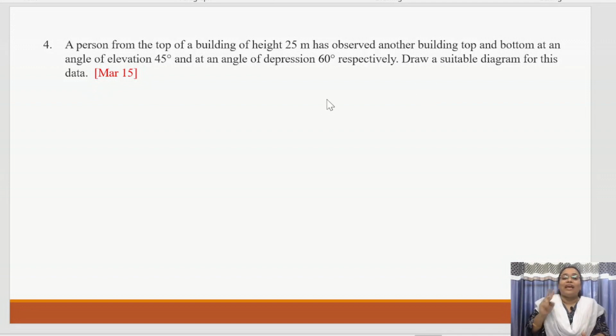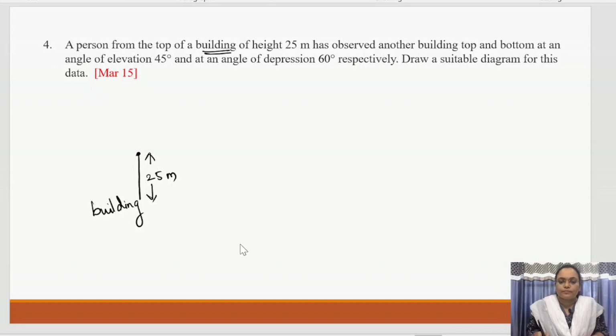In this question, we have two angles, angle of elevation and angle of depression. He is seeing the top of the building and the bottom of the building. A person from the top of the building, which is of height 25 meters, has observed another building's top and bottom at an angle.